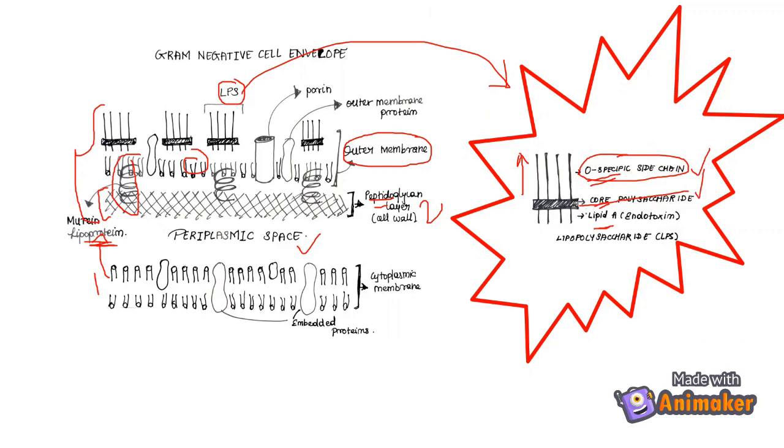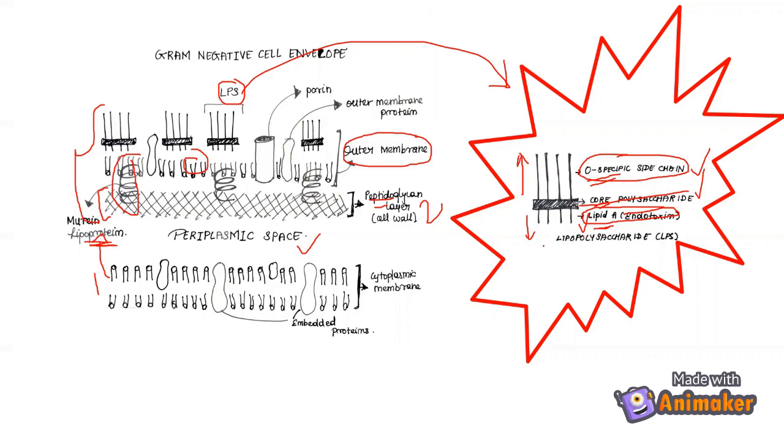And interior to this core polysaccharide, you have the lipid A endotoxin, which is highly significant. It is a disaccharide with multiple fatty acid tails extending into the membrane. When bacterial cells are lysed by the efficiently working immune system, the fragments of the membrane containing lipid A are released into the circulation.